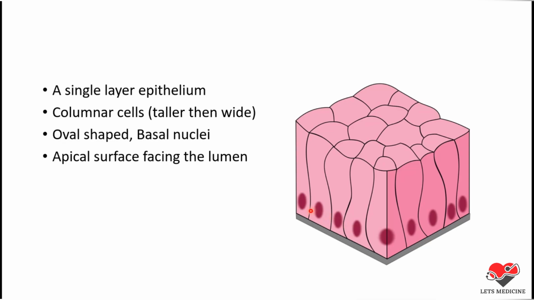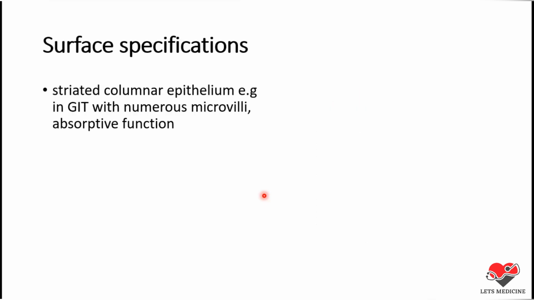Okay, so opposite to the basal area we have the apical surface of epithelial cells, and this apical area of epithelium is always facing the lumen, because simple columnar epithelium is mostly found lining the internal luminal area of the organs of our body. So the apical surface of these tall columnar cells is always facing the lumen.